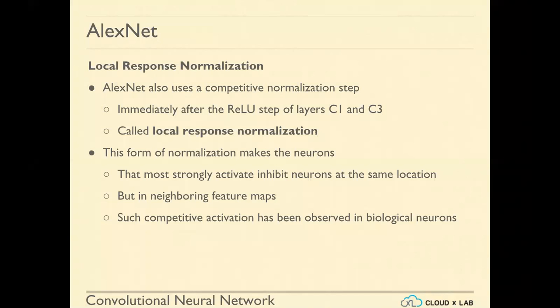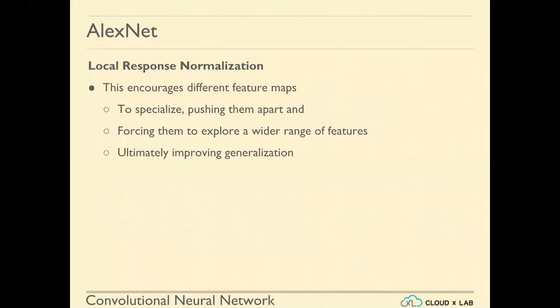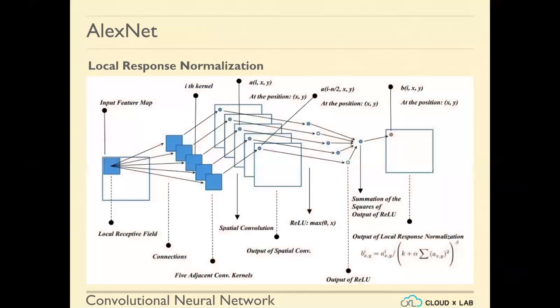That's basically normalization at every step, essentially a comparison with the neighbors, or competitive activation. This encourages different feature maps to specialize, pushing them apart and forcing them to explore a wider range of features. So ultimately, it improves generalization.